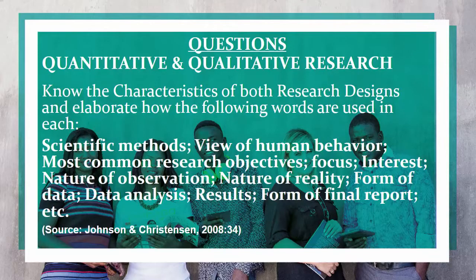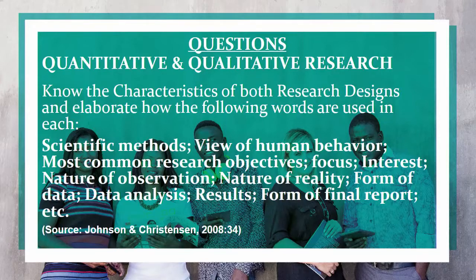Other questions I may ask you in the upcoming examination are about the characteristics of both qualitative and quantitative research designs. We only have 2 research designs in research, so I can ask you to mention or describe the characteristics of both research designs, referring to quantitative and qualitative research.